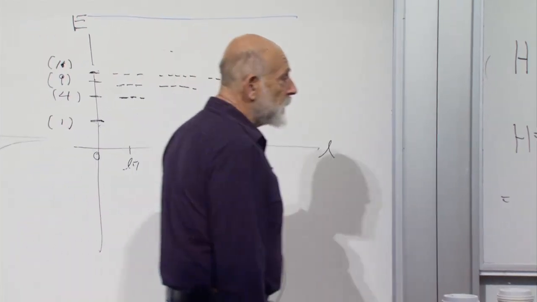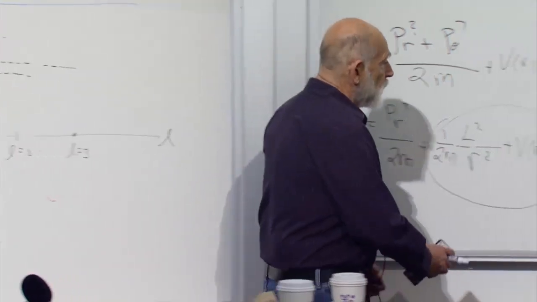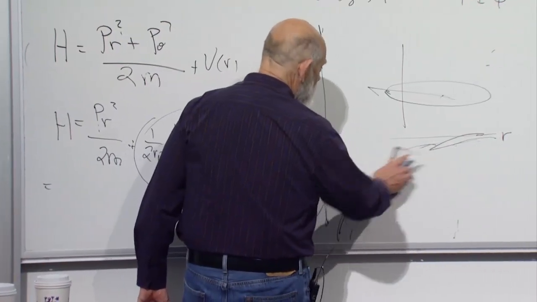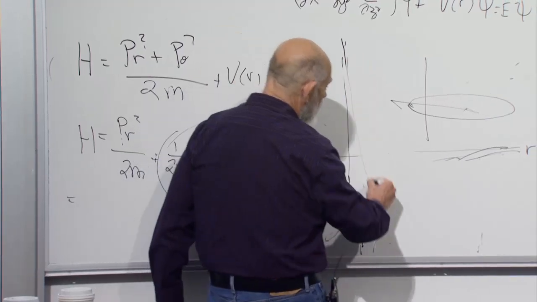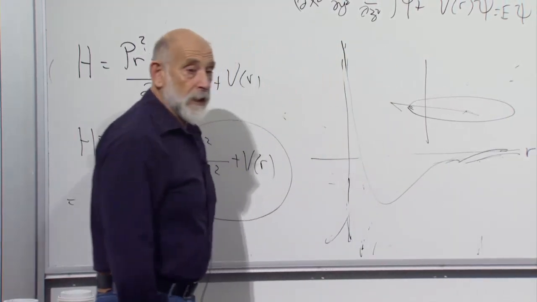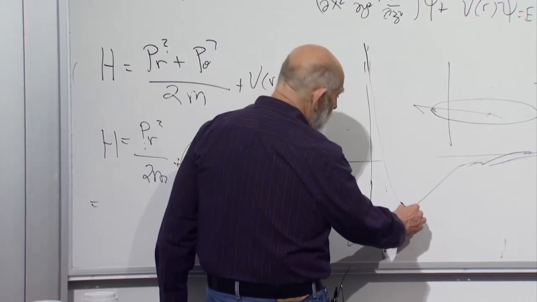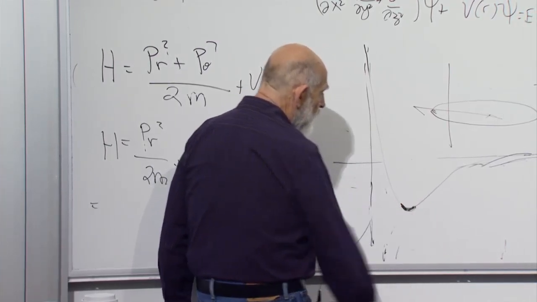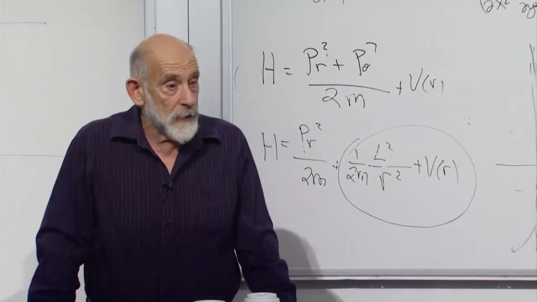For example, even the higher angular momentum states, not L equals 0. In the higher angular momentum states, the potential looks like this. And there are orbits which oscillate back and forth at the bottom here. And the simplest approximation to those orbits is to treat them as a harmonic oscillator.